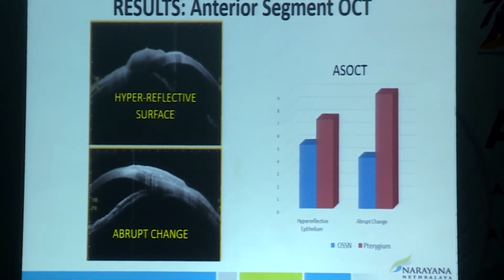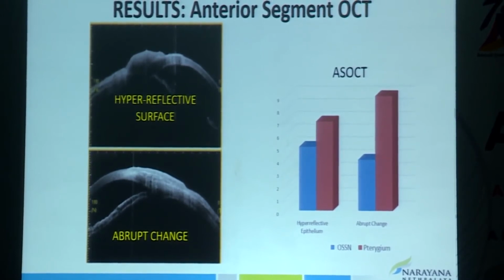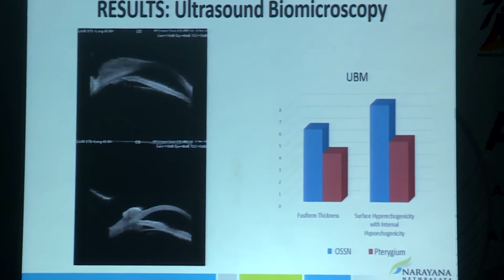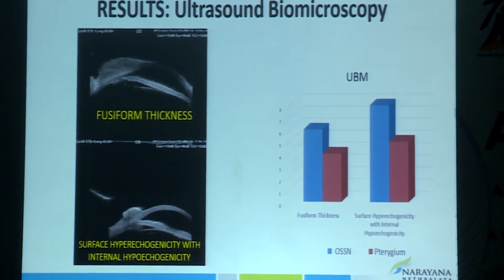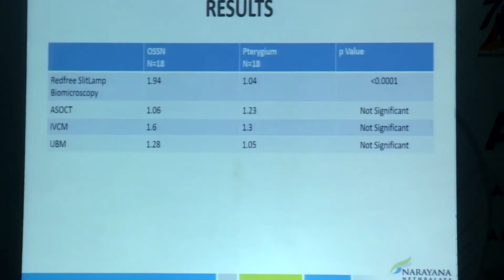And on anterior segment optical coherence tomography, pterygium showed better scoring than OSSN, but it was not statistically significant. Again, on ultrasound biomicroscopy, OSSN showed a better scoring than pterygium, but it was not statistically significant. We observed that only on red-free slit lamp biomicroscopy there was a statistically significant difference between OSSN and pterygium.